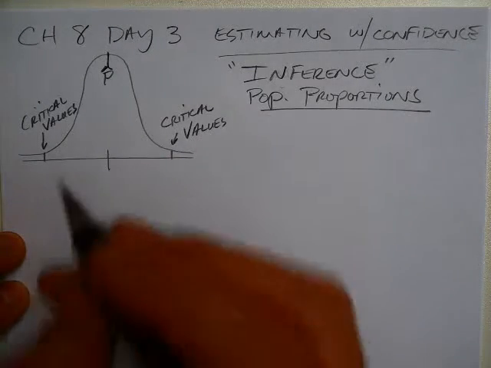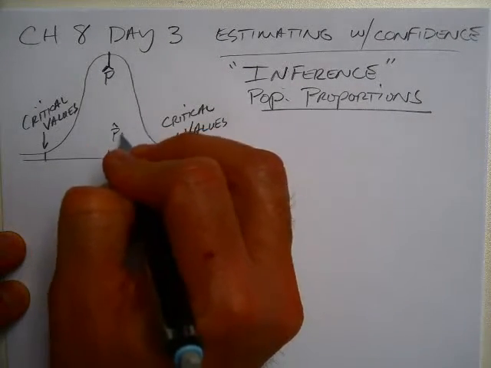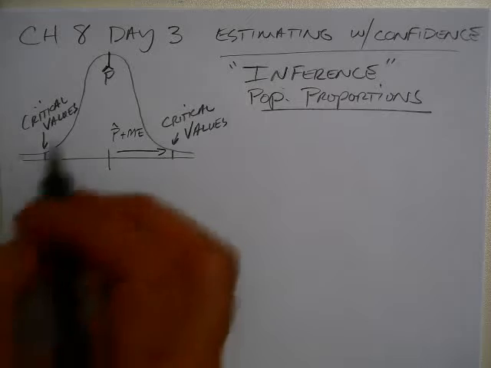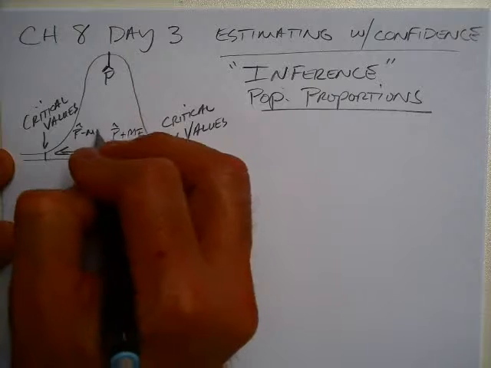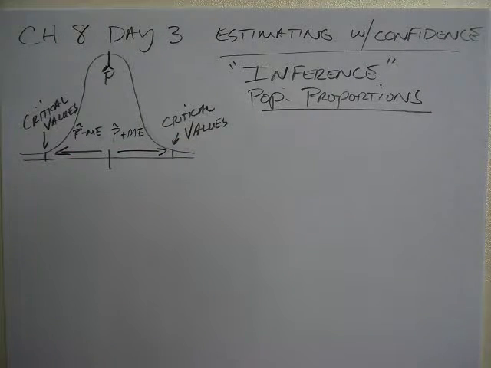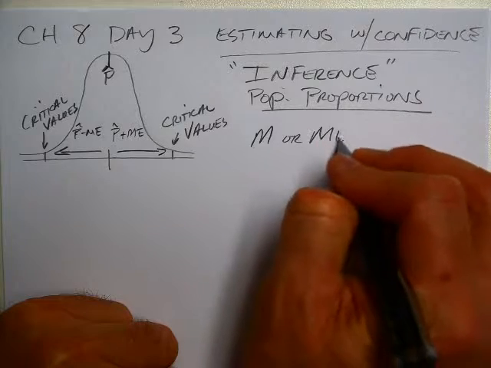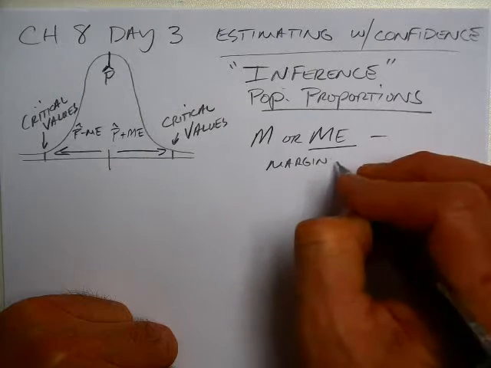I know this is kind of small, I apologize. This is p hat plus our margin of error, ME, and this is our p hat minus our margin of error. So p hat's the middle, and the margin of error is plus or minus some amount to get to our critical values.